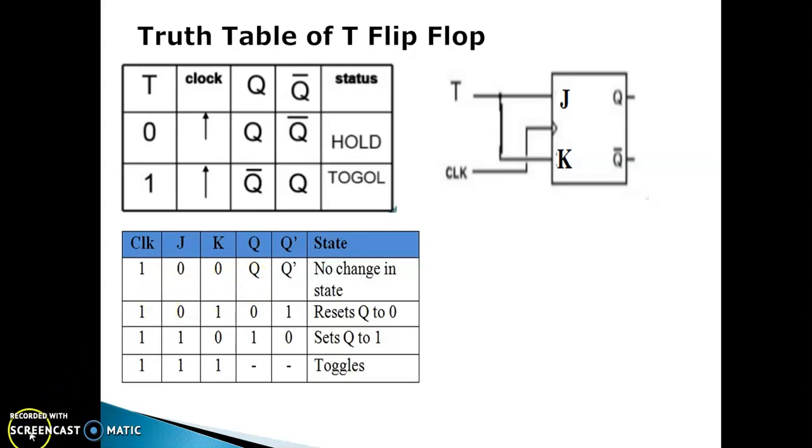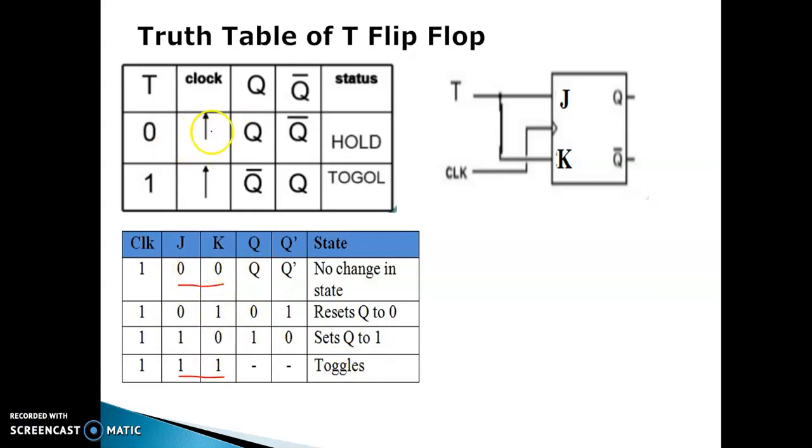That means the first condition where J and K are 0, and the last, that is the fourth condition, when J and K are 1. So let us recall these conditions. When J and K both are 0, there will not be any change in the output. That is the no change condition. Similarly, when J and K both are high, that is 1, the output will toggle. So this is nothing but T flip-flop.